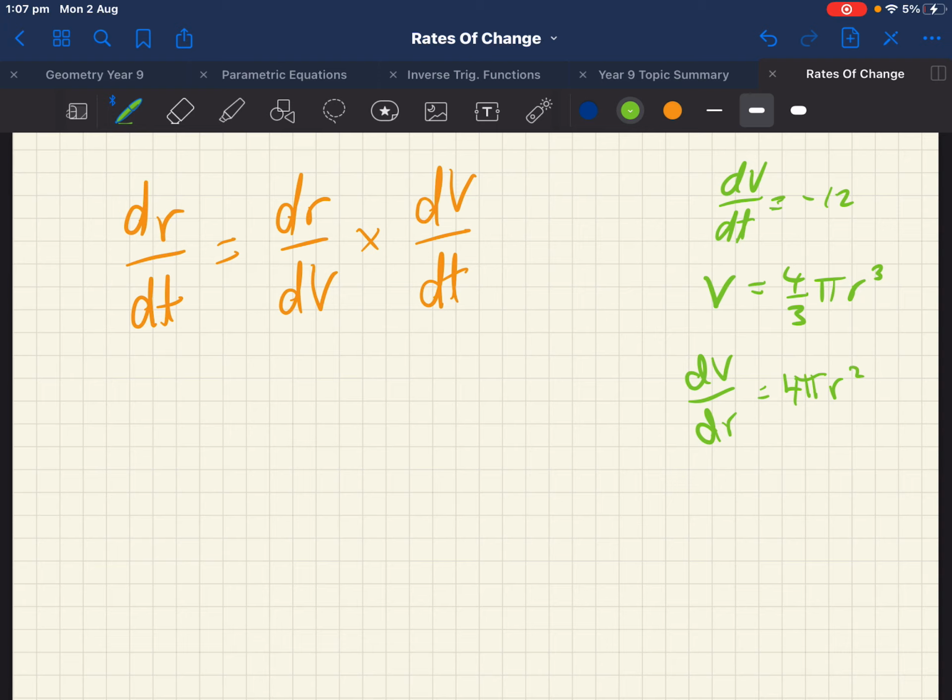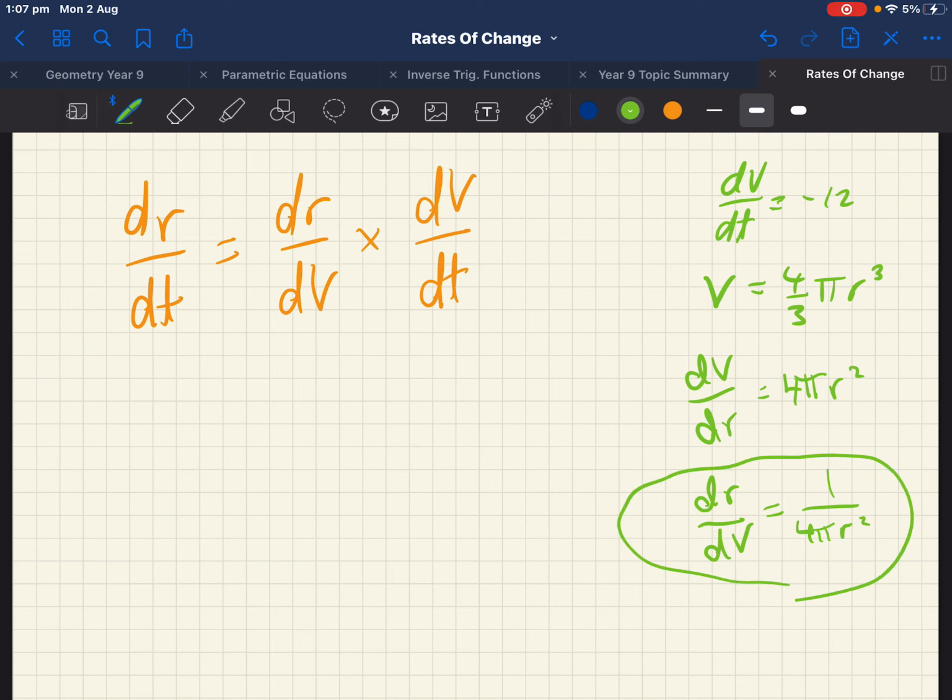Now this is dV/dr, but you can see quite clearly over here we need dr/dV. So what do we do? Well, we just do the reciprocal. Flip both sides. dV/dr, flip this, it'll just be 1 over 4 pi r squared.